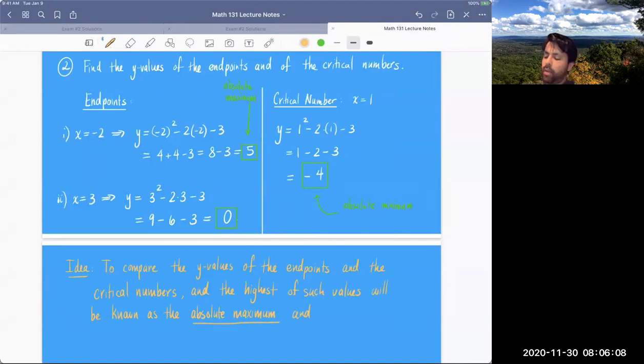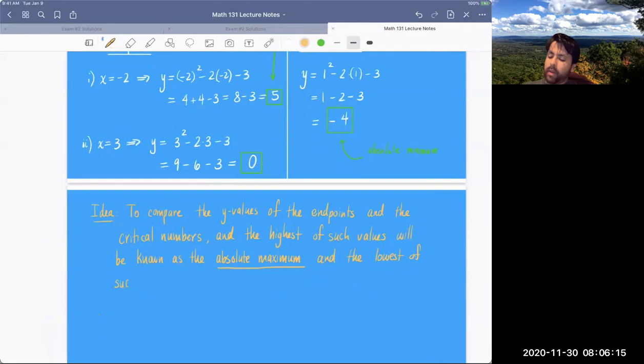And the lowest of such values will be known as the absolute minimum on the specified interval.